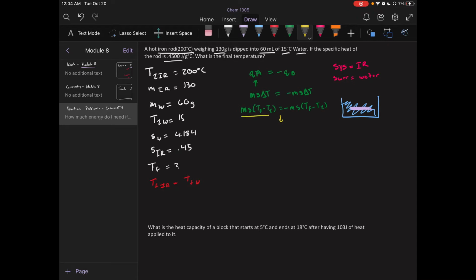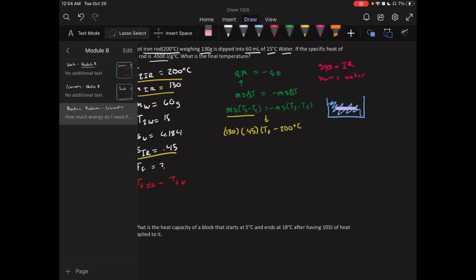Remember, this is the iron rod. The mass of the iron rod is 130, and the specific heat is 0.45. We don't know the final temperature, but we know it started at 200 degrees Celsius. Let me move this down here.